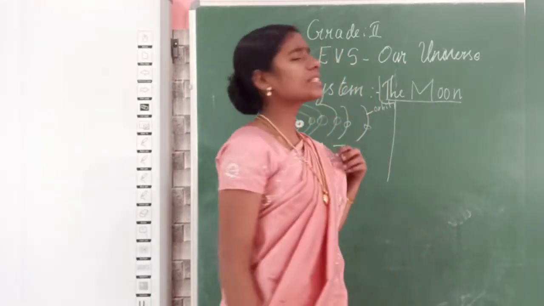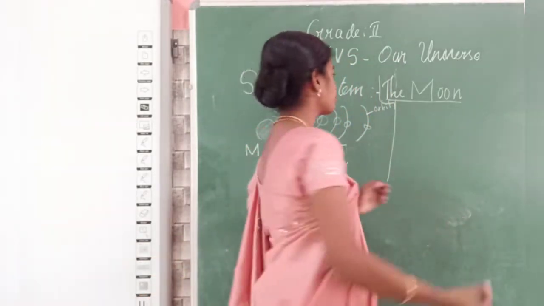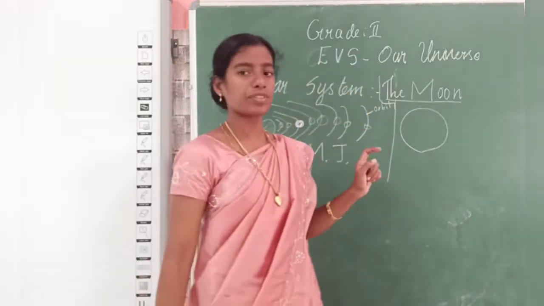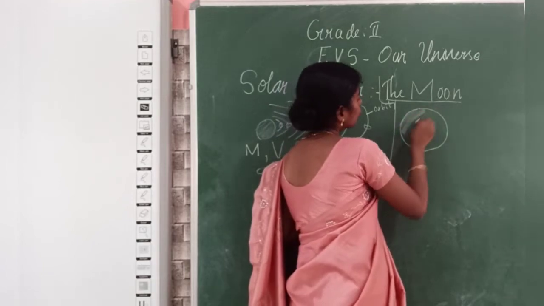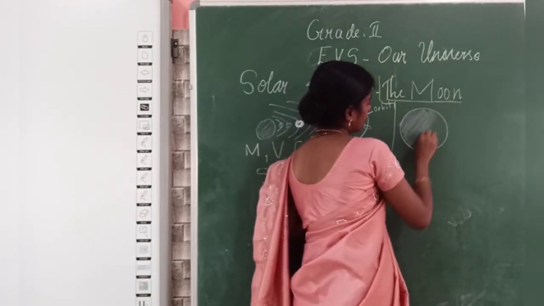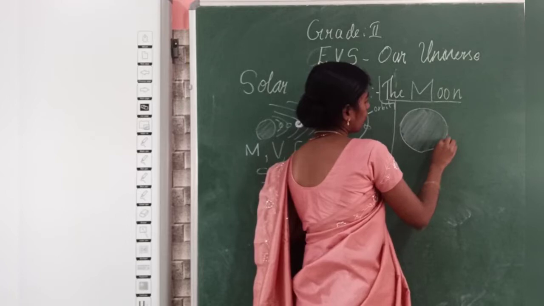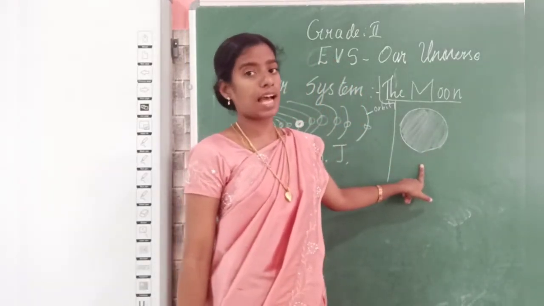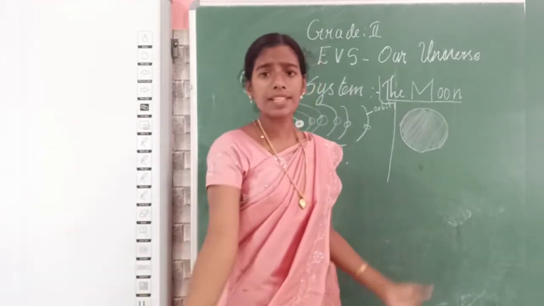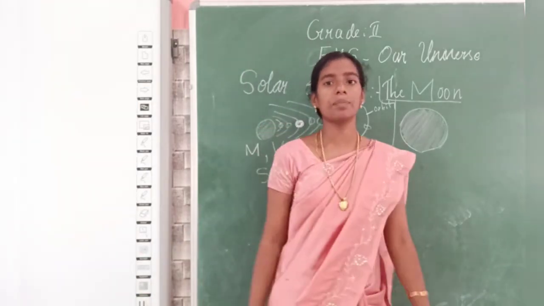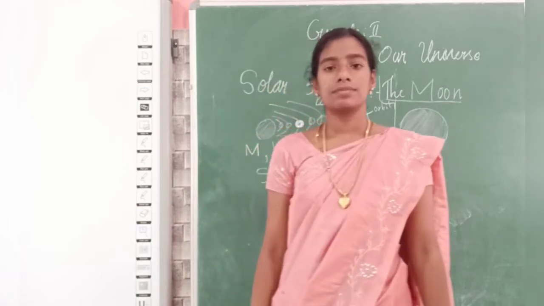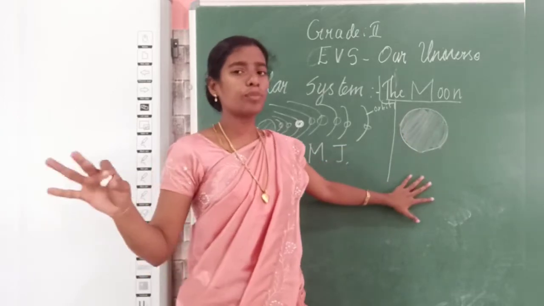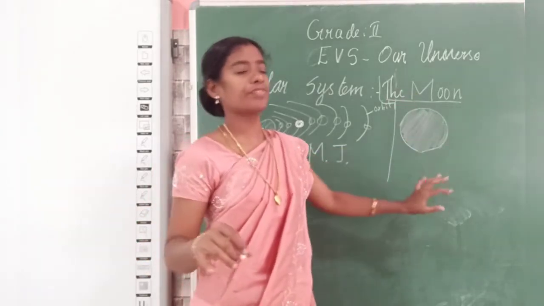And what is the shape of this moon? This is the shape of the moon, right? The moon is huge in size, but on all the days can you see the moon in this particular shape? No. When you consider full moon day, you see the full moon.